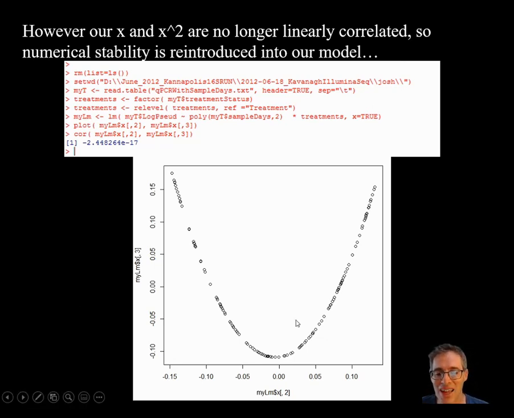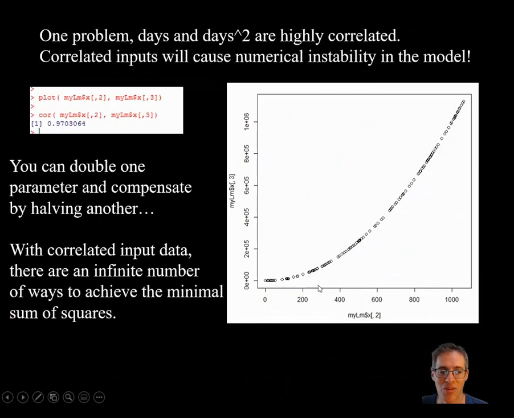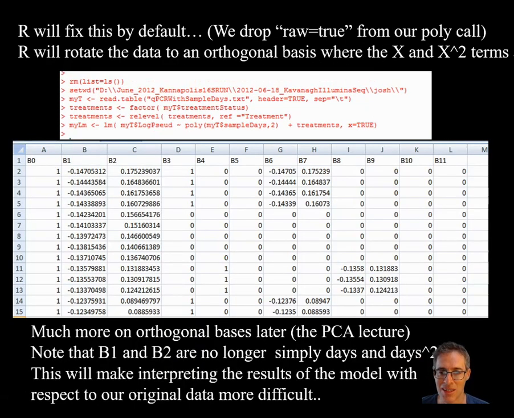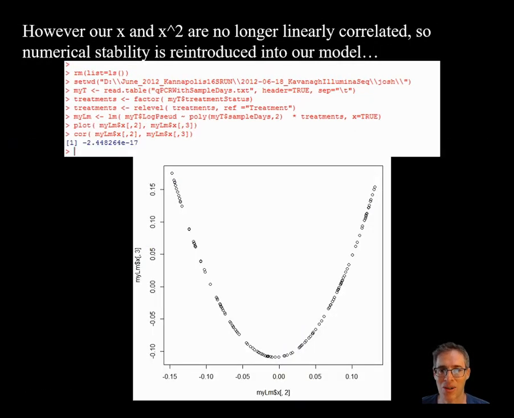The disadvantage is that time and time squared have a very clear relationship: as time goes up, time squared goes up. Once you're in this new space, that's no longer true. So we lose our biological, or intuitive, understanding of what these columns mean by rotating them into this space where they have numerical stability. But by default, that's what you want to do. And as we'll see, this does not actually affect the inference of our models.